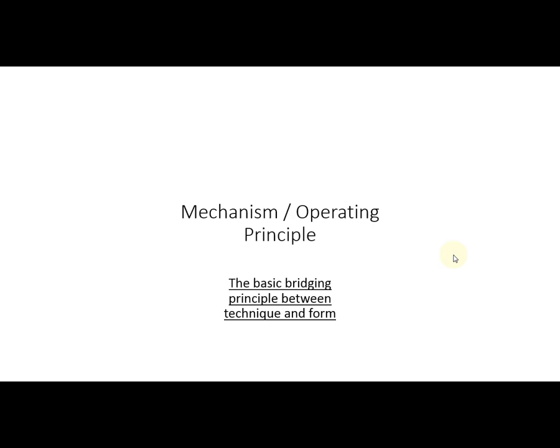A mechanism or an operating principle when it comes to a stroke is a basic bridging principle between technique and form. We will see what technique is in contrast to form in the next slide, but I want you to have a more intuitive understanding of the mechanism.